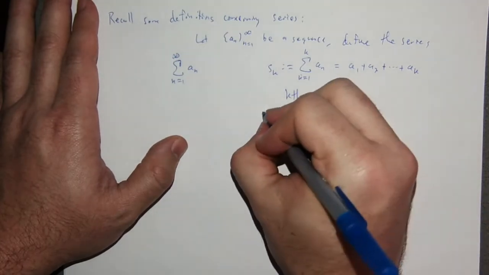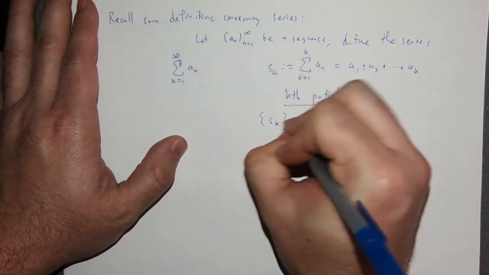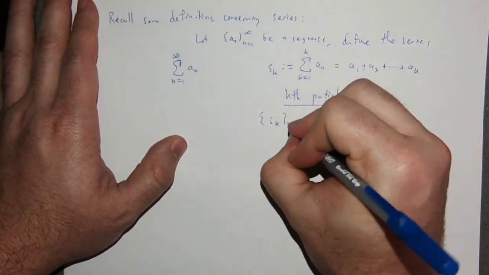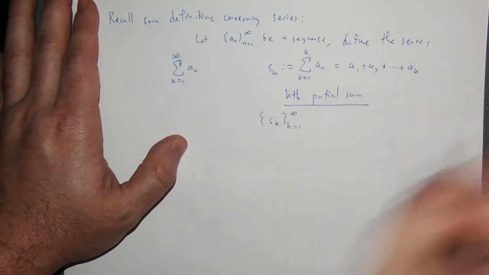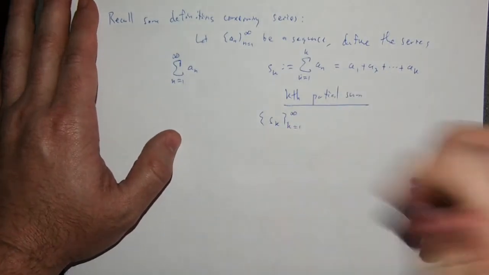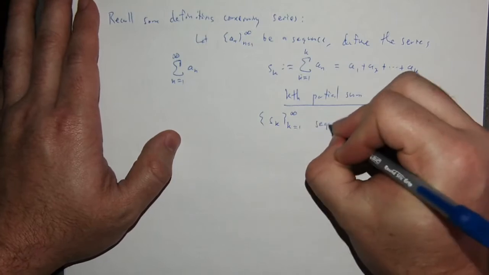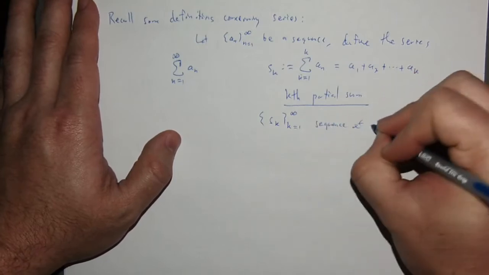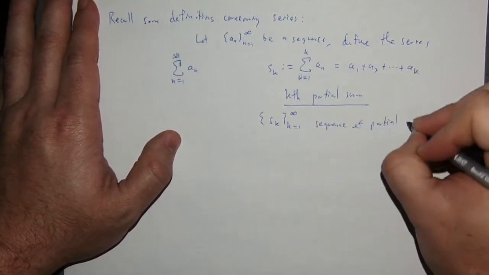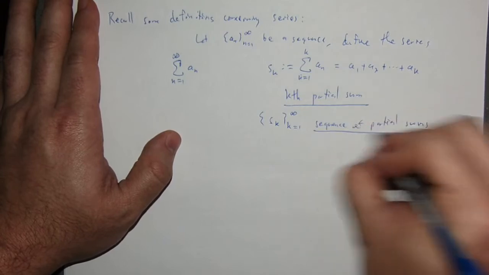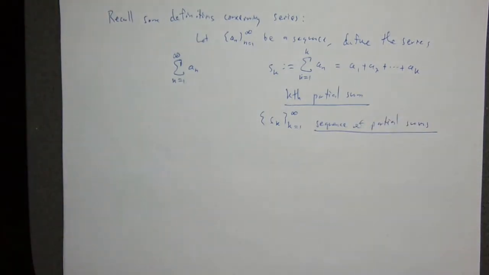And so then we look at the sequence S sub k from k equals 1 to infinity. This is the sequence of partial sums. All this is ringing a bell, I'm sure. And so what do we do?